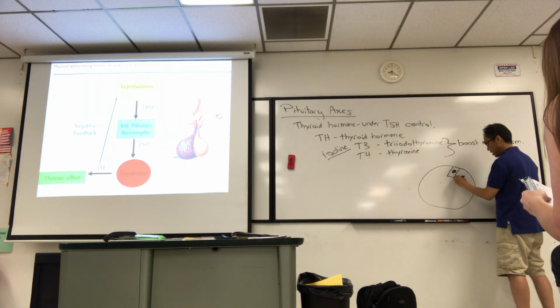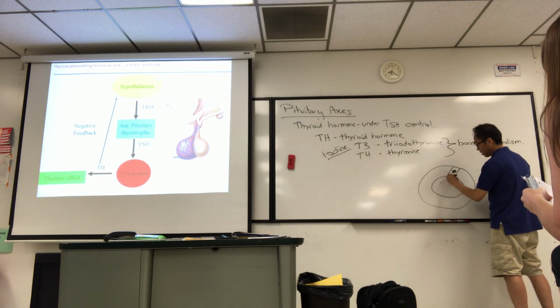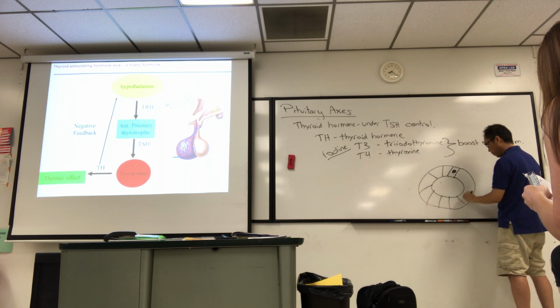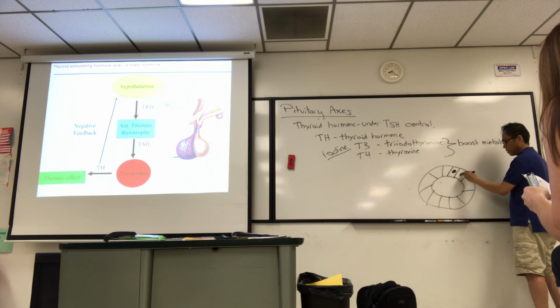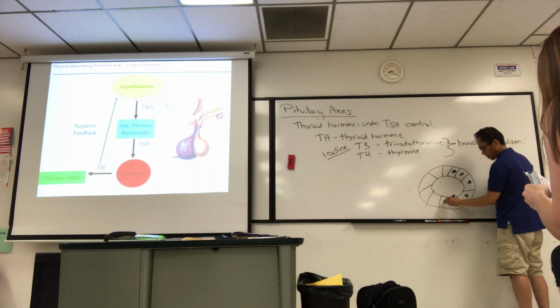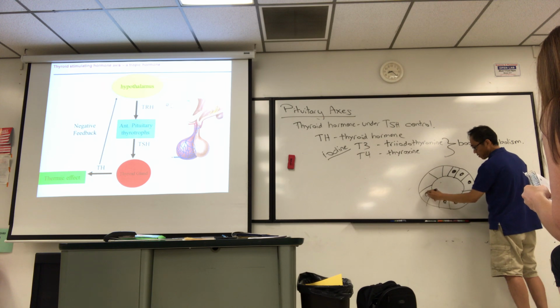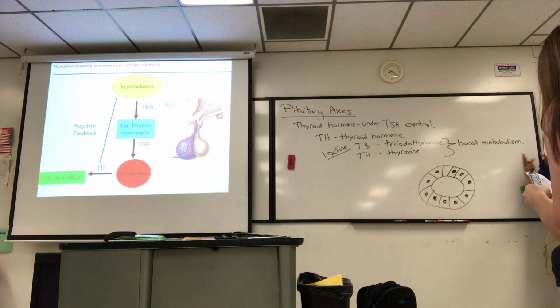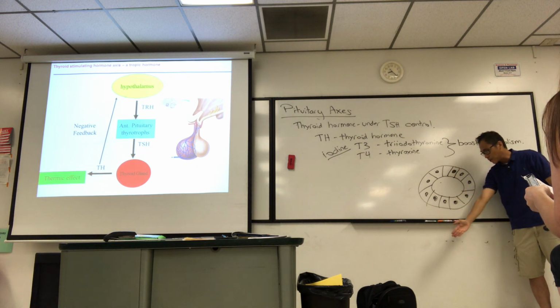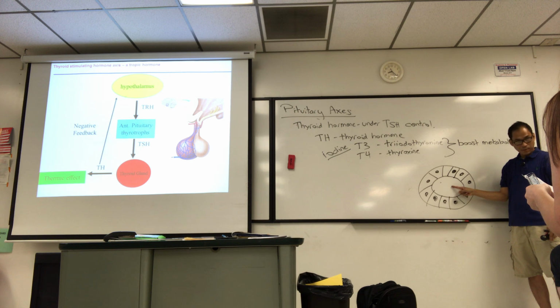So let me draw this as part of a simple cuboidal epithelial layer. So imagine a sphere that's hollowed out on the inside. And when you cut the sphere and look inside, you can see the hollowed out center.